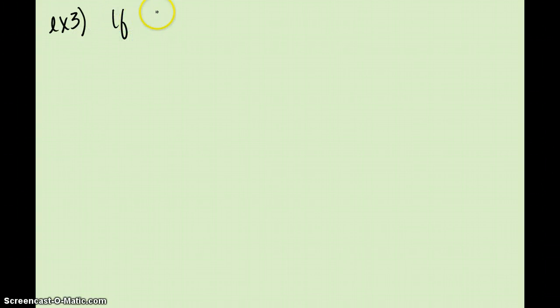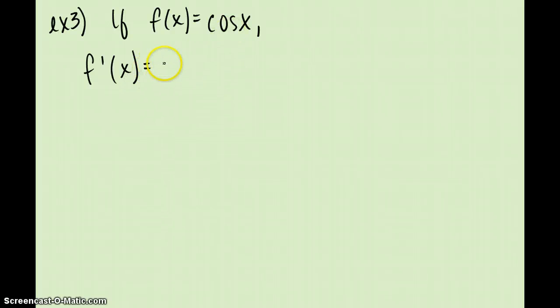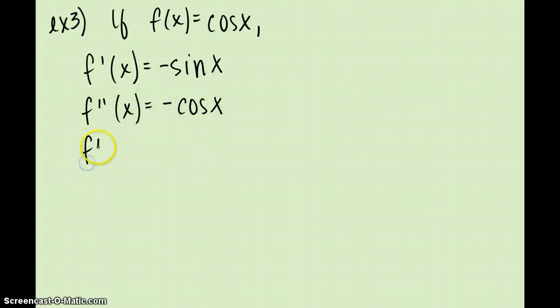Alright, so if our function is cosine of x, we know the first derivative of the cosine function is negative sine of x. The second derivative, negative cosine x. The third derivative is positive sine x.